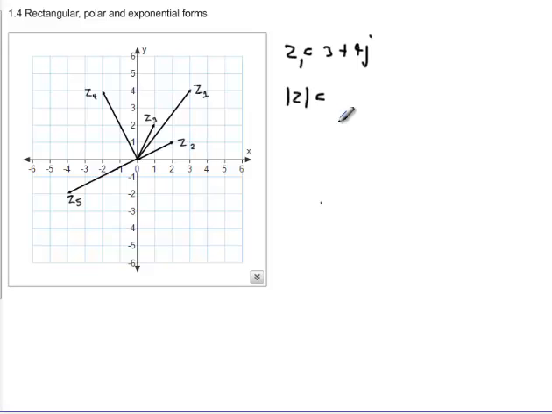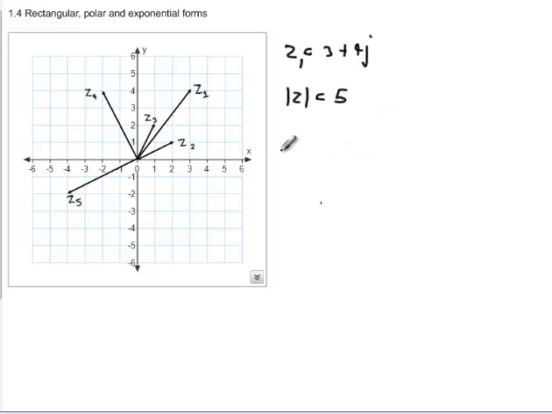Are you getting ready with your modulus? Who is ready? What's your modulus? 5. I've checked it also, it is 5. So I hope everybody follows how to get that 5. Is anyone stuck? No one.